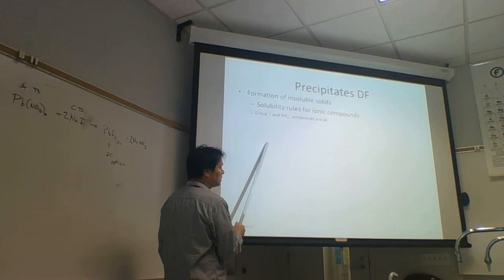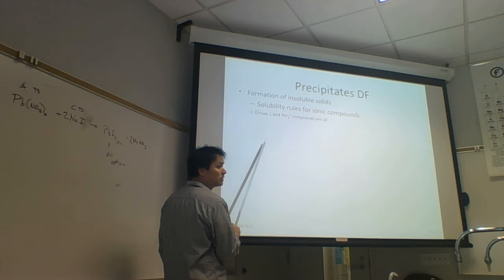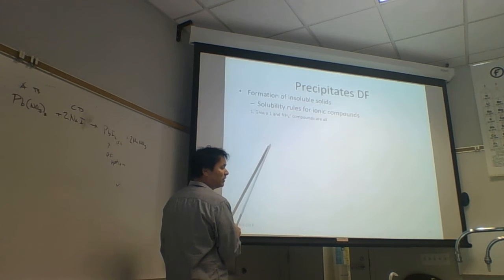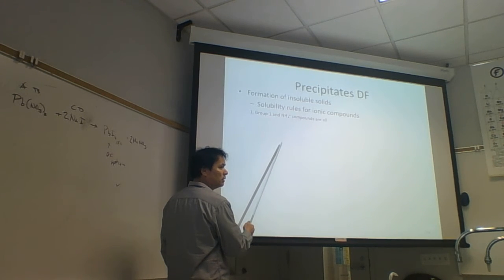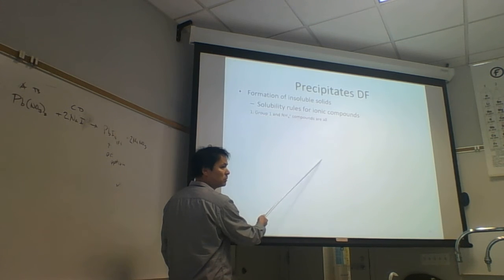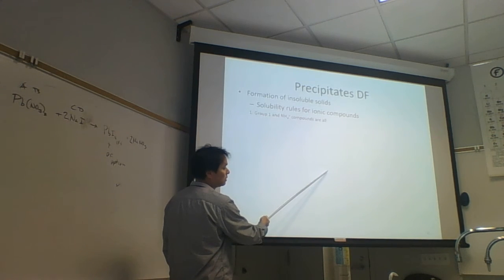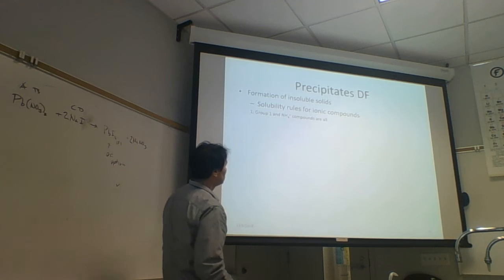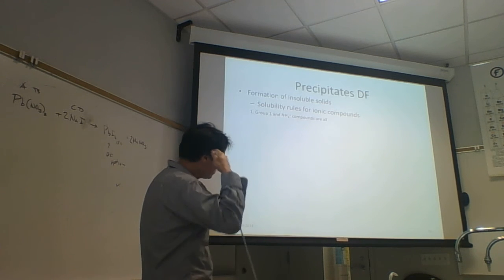Sulfates are all soluble except for silver, lead, mercury 1, calcium, strontium, and barium. Okay, those.